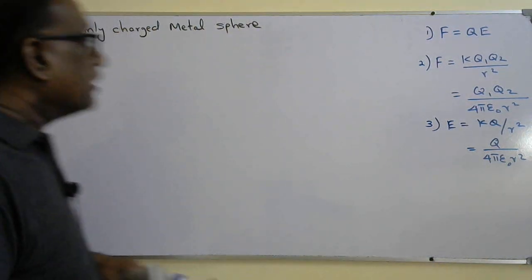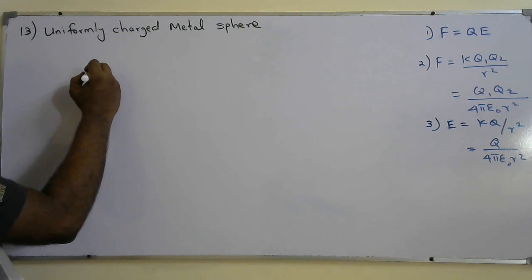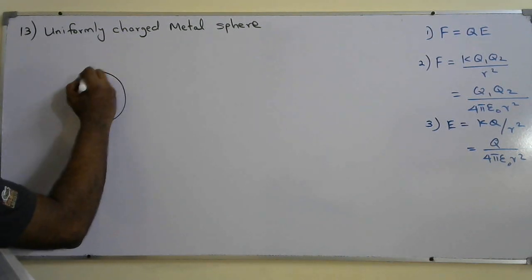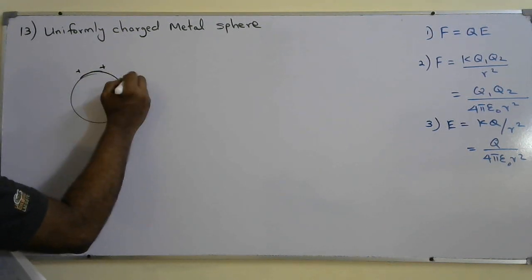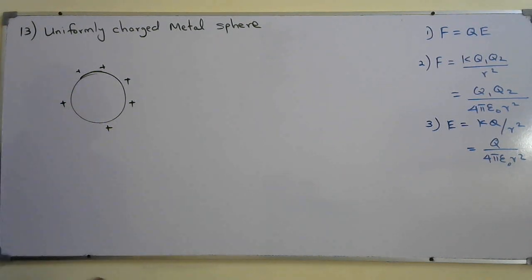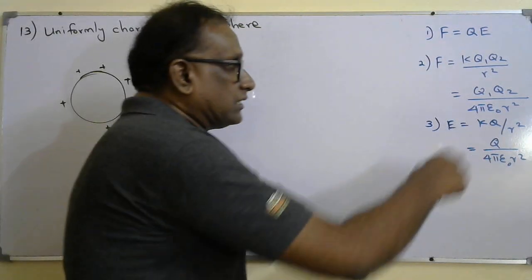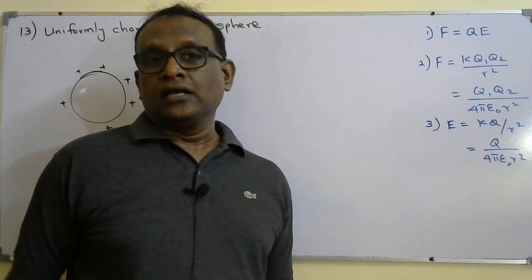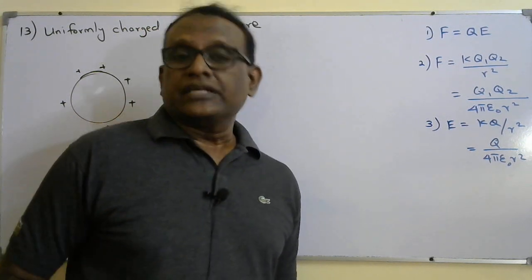So when a metal conductor carries a uniform distribution of charge on its surface, then we can use the equation E equal kq over r squared for the metal sphere.